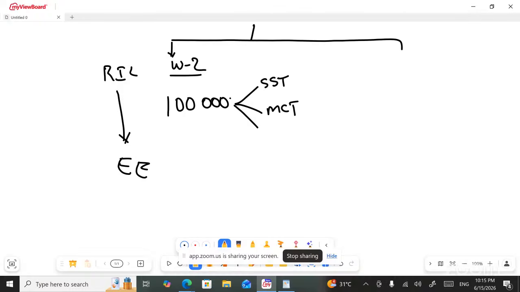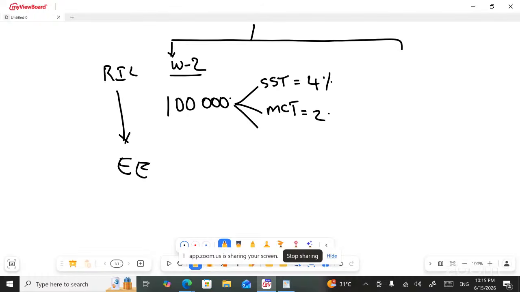What social security tax and Medicare tax are will be covered in subsequent chapters. For example, the employer has to pay 4% social security tax. It is not a correct percentage. I am giving these percentages for conceptual purposes.